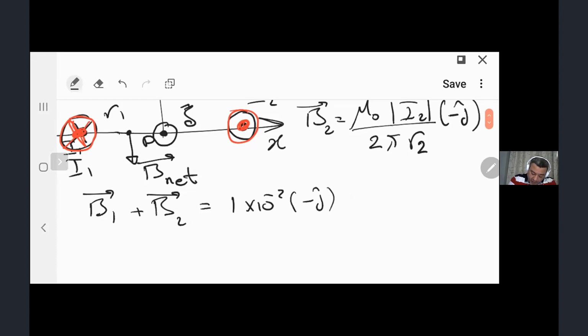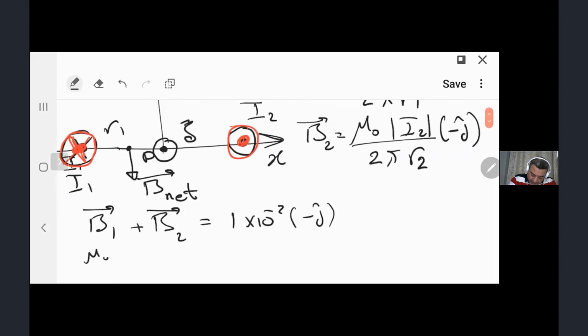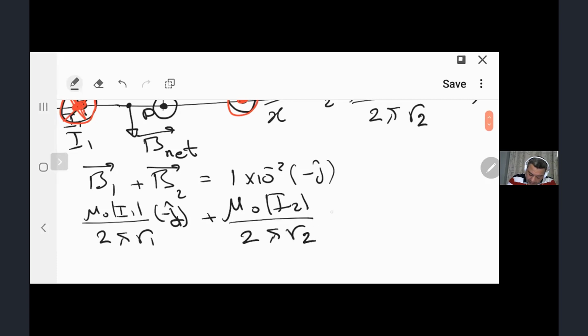Substituting now my B1 with the mu naught I1 magnitude over 2 pi R1 minus j hat plus mu naught I2 magnitude over 2 pi R2 minus j hat equals 1 times 10 to the power minus 2 minus j hat as well.